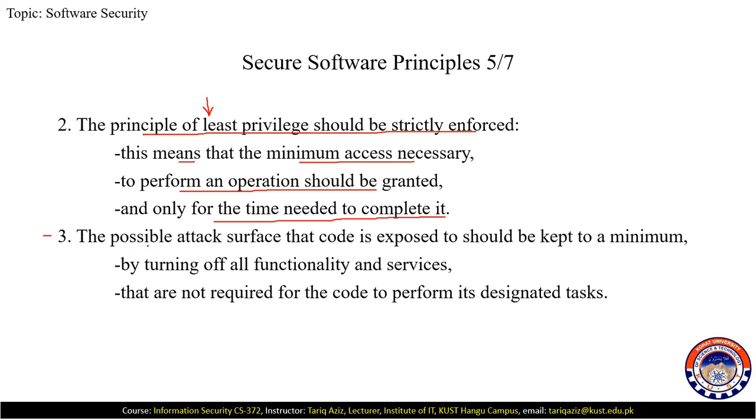The third point is that the possible attack surface that code is exposed to should be kept to a minimum. But how? By turning off all functionality and services that are not required for the code to perform its designated tasks. Now, dear students, this example resembles networks. Maybe you are aware from the usage of modems, that modems come with different functionality and services, and all of them are on by default.